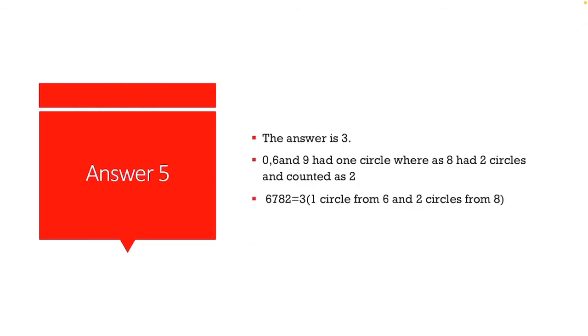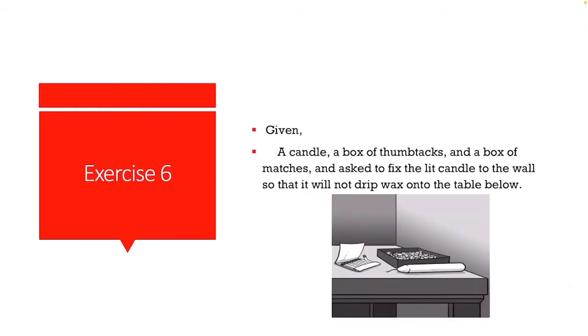Okay, next exercise is an image which shows a candle on a table, a box of thumbtacks and a box of matches, and we are asked to fix the candle to the wall so that it will not drip wax onto the table below.